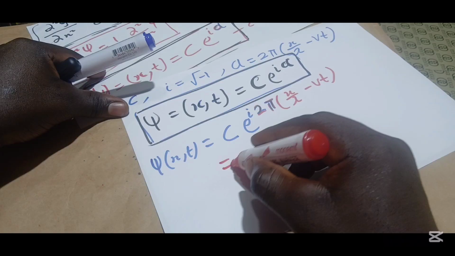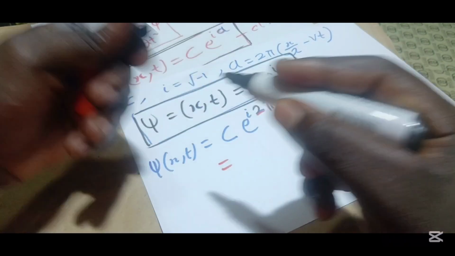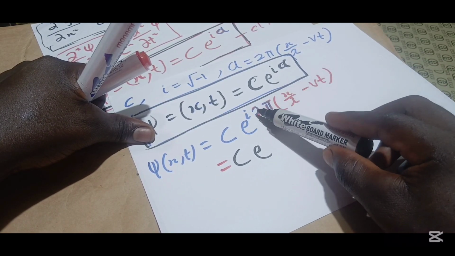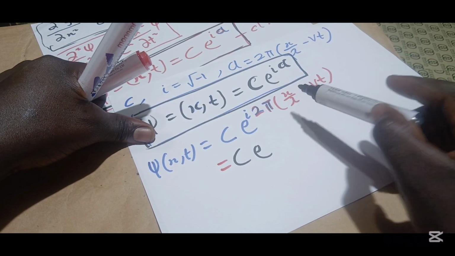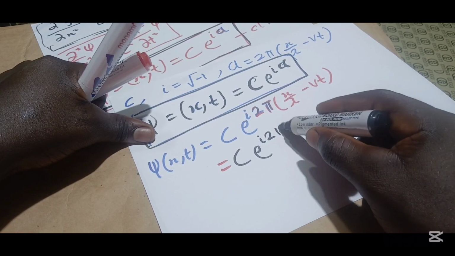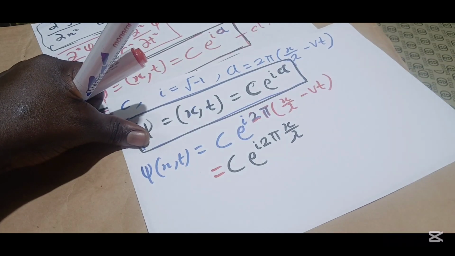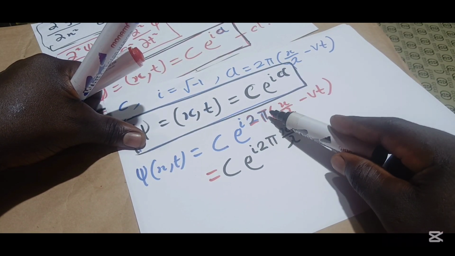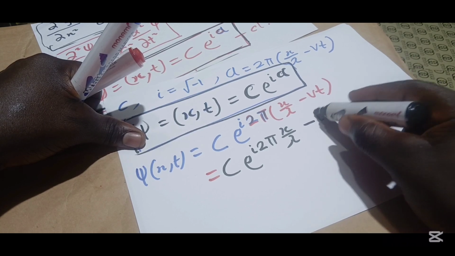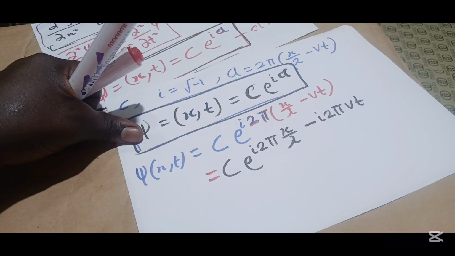So we are going to get c e to the power i 2 pi multiplied by x on lambda, just getting x over lambda. And then i 2 pi multiplied by minus vt. That should give us minus i 2 pi vt.